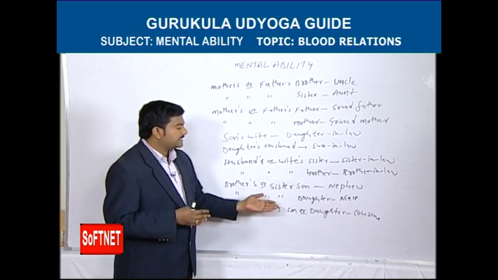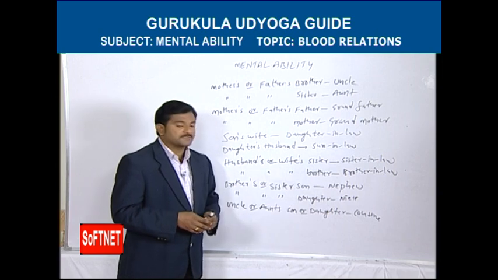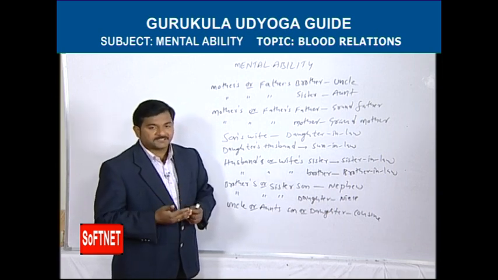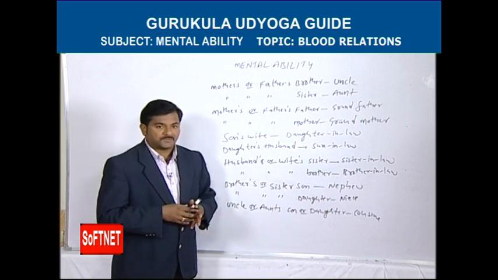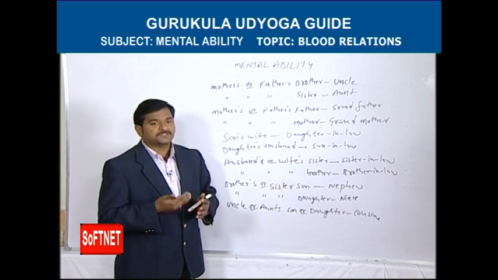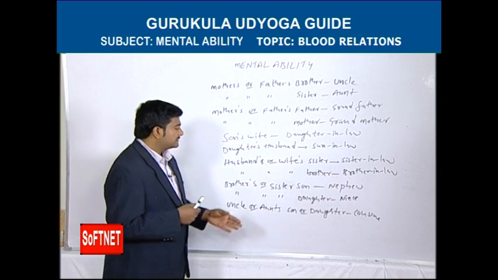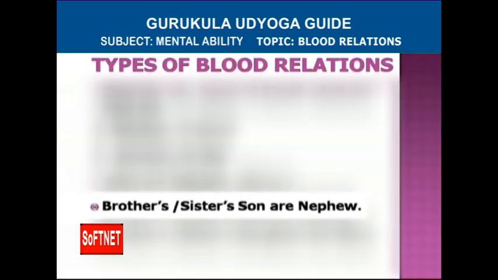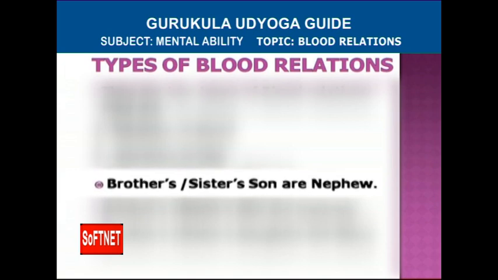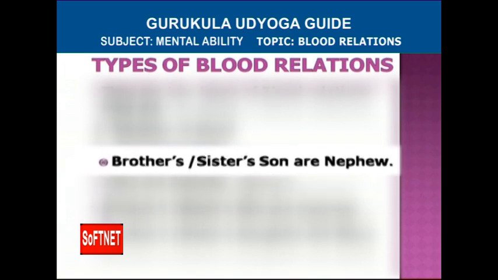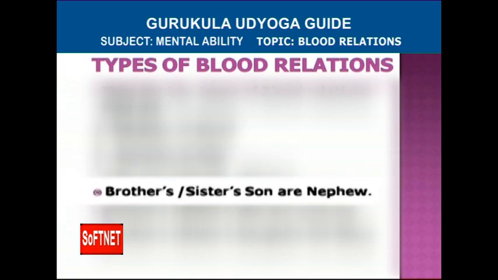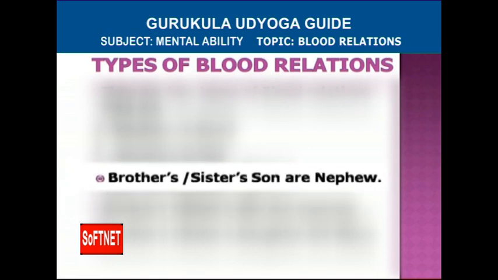Okay, and these three are something different concepts: nephew annam, niece annam, as well as cousin annam. Okay, usually day-to-day life lo use chestuntam gaani we don't know what is nephew, niece and cousin. Okay, we will discuss these three parts. So brother's or sister's son, my brother's or my sister's son, so what he will be to me, we can call it as nephew.